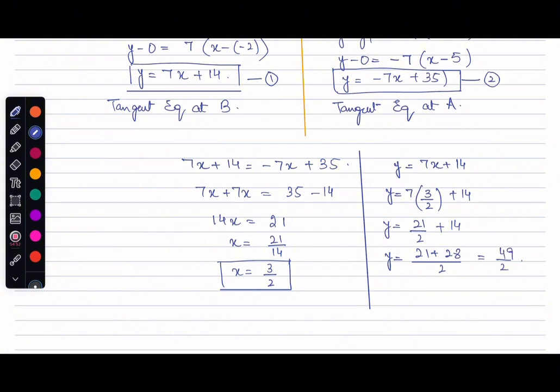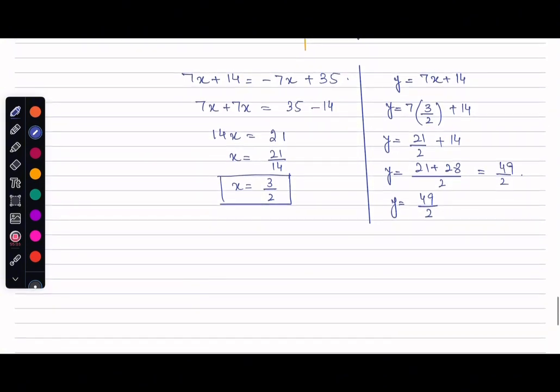So C, the point of intersection of the two tangents, has the coordinates 3 by 2 and 49 by 2. This then shall be the answer for point C.